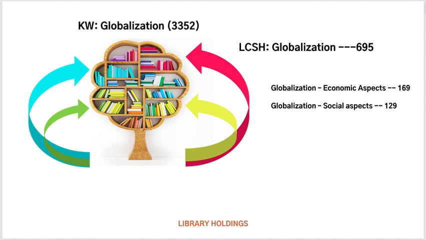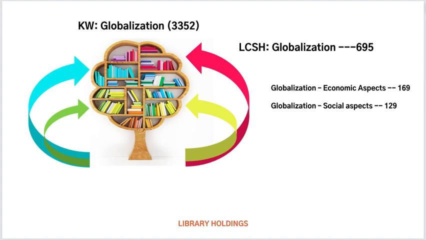What you're seeing on the screen right now is if I search the entire library collection for books relating to globalization, simply doing a keyword search, I'm going to retrieve 3,300 books, but they won't all be related to globalization or the more specific aspect that I need to search.